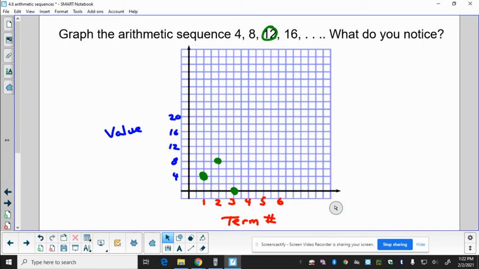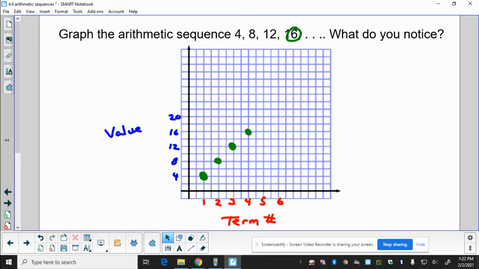So I go out here to the third term, so I've got a mark for that. I go up to 12. Do you see what's happening? What if I graph the fourth term, which is a 16? Fourth term location would be here. 16 is here.